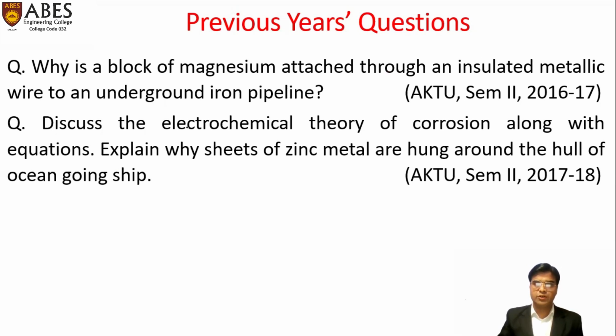Explain why sheets of zinc metal are hung around the hull of ocean-going ship. This is also explained on the basis of sacrificial anodic protection. So first we will answer the first question here, and then we will explain why zinc metal is hung around the hull of ocean-going ships.